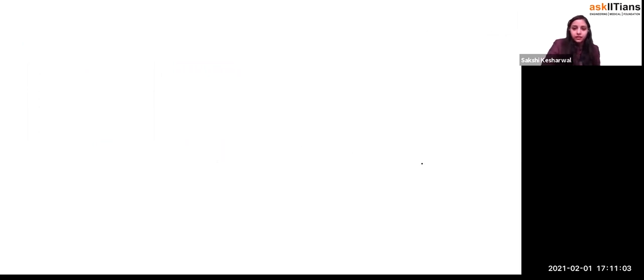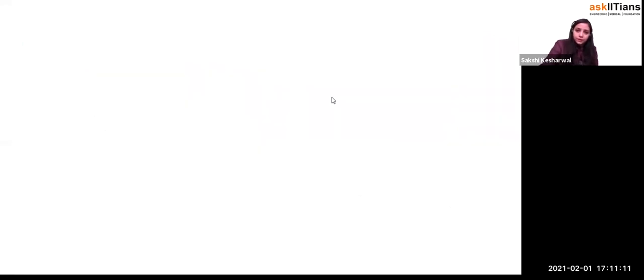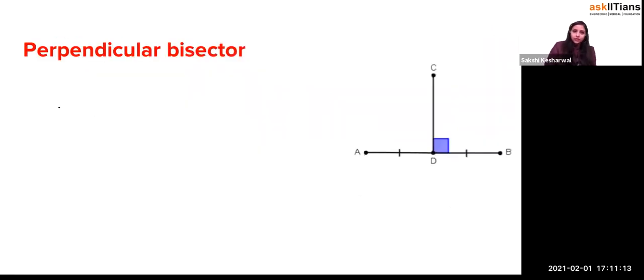Here we have taken the line. Here you can work with the line as well as the line segment. But for the perpendicular bisector, there will be a line or a line segment which divides a line segment into two equal parts, and while intersecting, they will be at an angle of what, beta? 90 degrees, right?